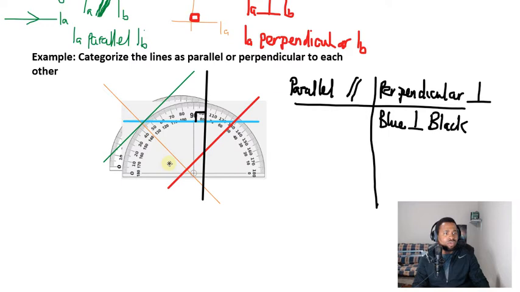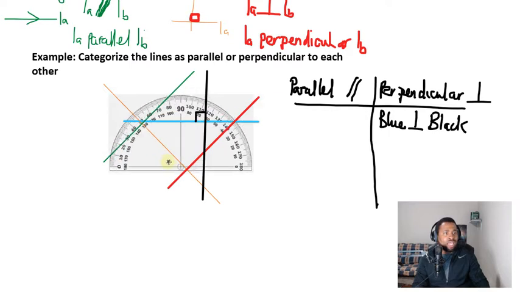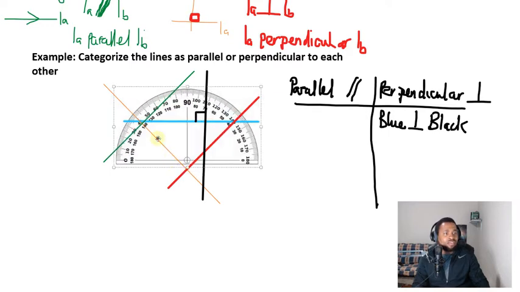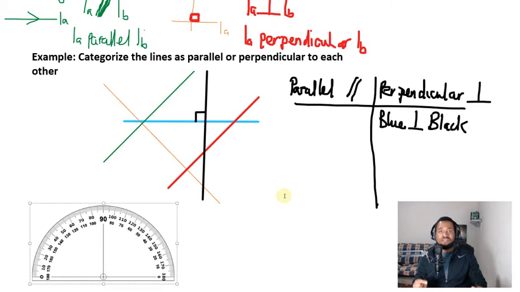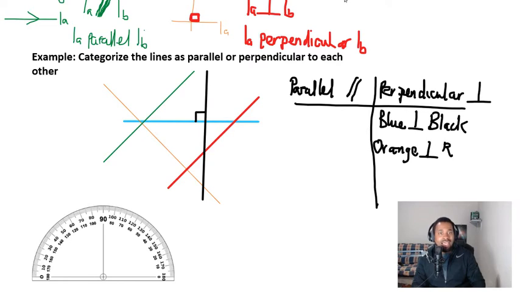And you can look at it in terms of the distance from this orange line to the red line. If you count from this angle all the way to this tick point right here, you should count a total of 90. So indeed, the orange line, which we're going to write right here, is perpendicular to the red line.